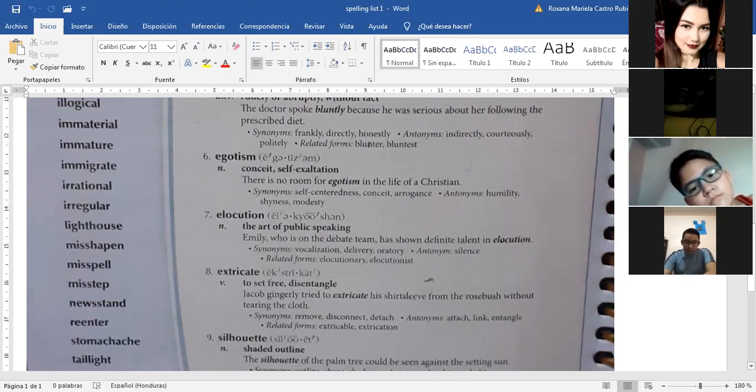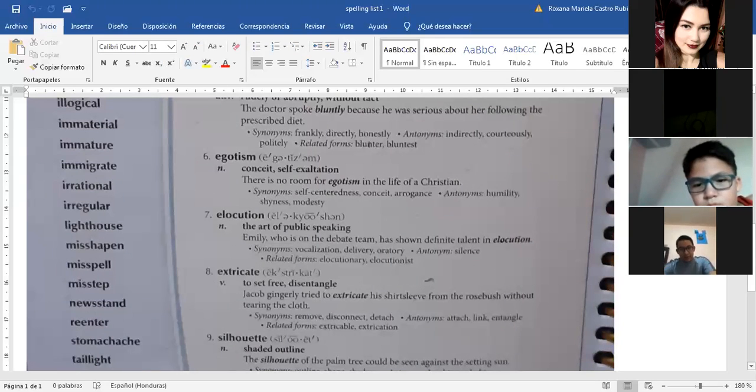Jacob trató de liberar su shirt sleeves. La manga de su camisa, quiere decir. La manga de su camisa del, I don't know what rosebush is. Del arbusto. Del arbusto sin romperla. Exactly. Puede ser sacarla o liberarla, todo lo podemos utilizar, extricate o extraerla.